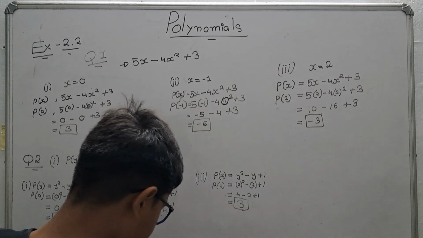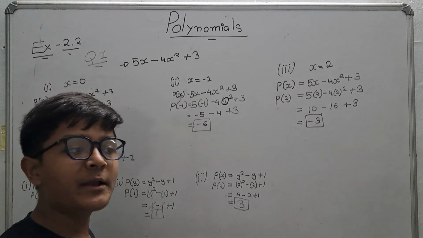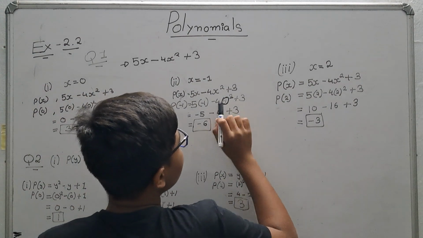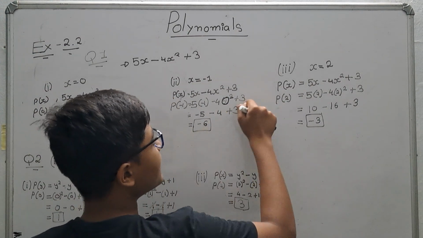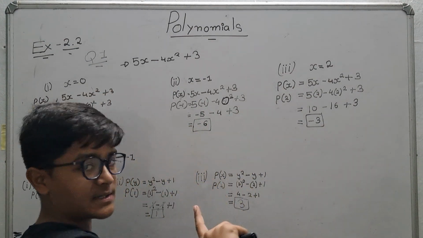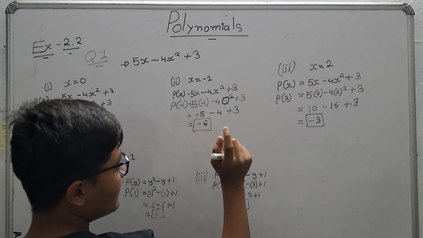When you multiply minus 1 into minus 1, you will get 1, and 1 into 4 is 4, and the minus sign will carry over here, and 3 plus minus minus. So don't get confused in that. Plus minus minus, minus minus plus. So the answer will be minus 6.